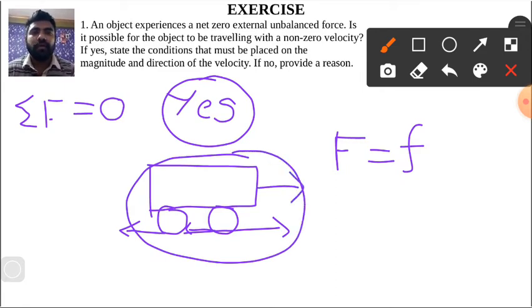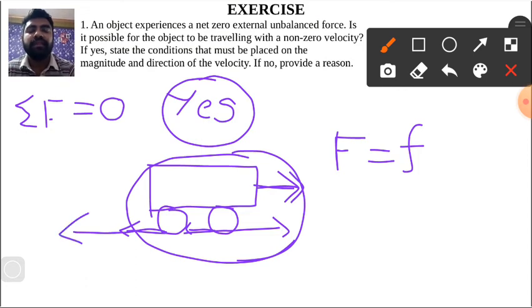When the car starts moving ahead, it has some velocity initially, and just to maintain that velocity we give this force in this direction, but friction opposes that force.